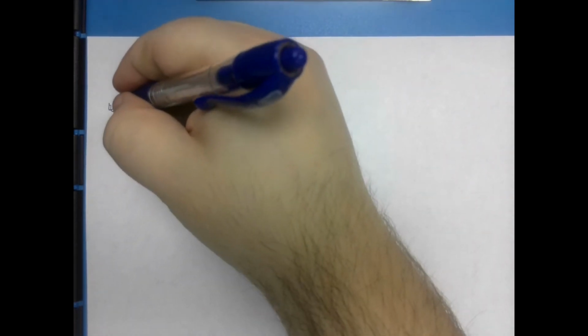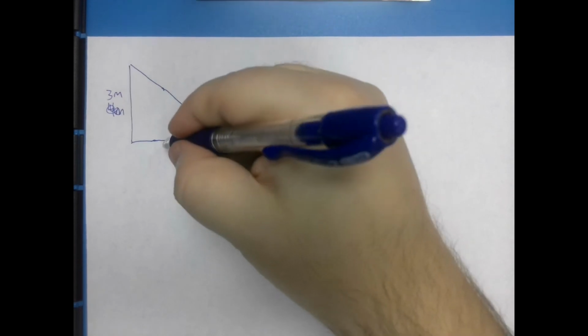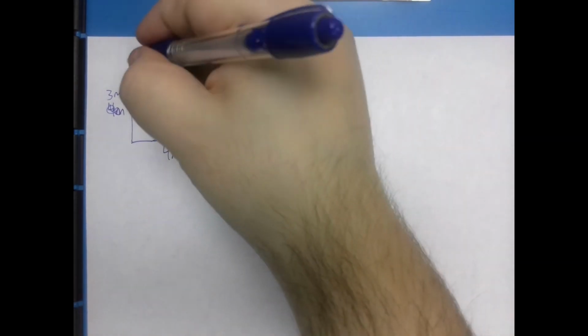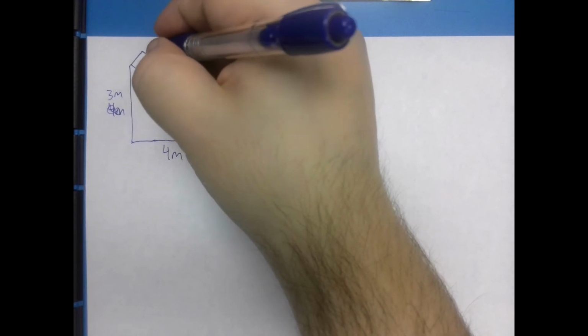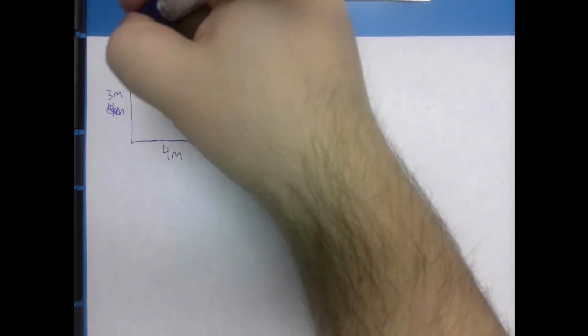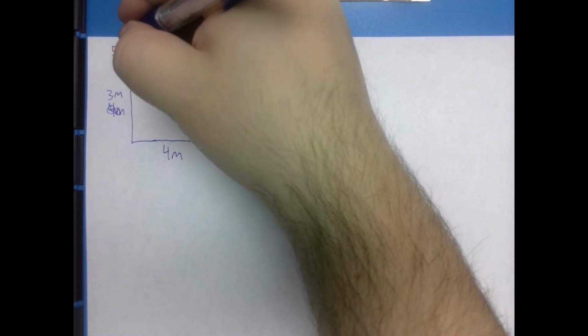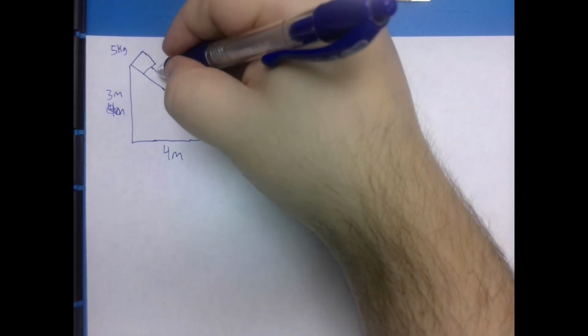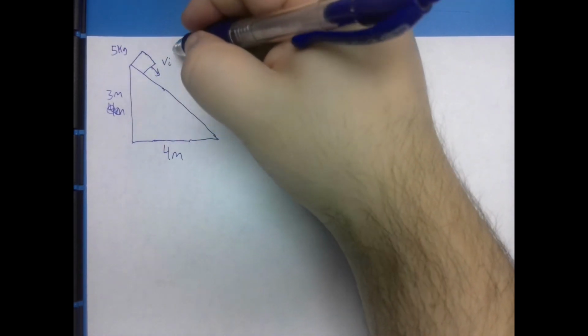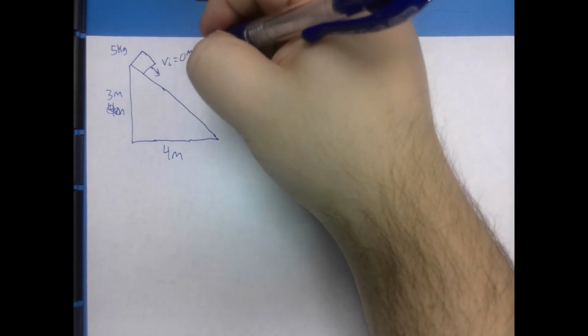Oh no, let's make this 3 meters tall and this 4 meters. Let's say that the box has a mass of 5 kilograms and an initial speed of 0 meters per second.